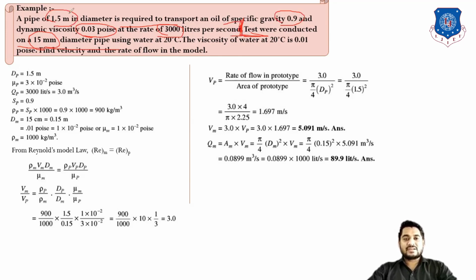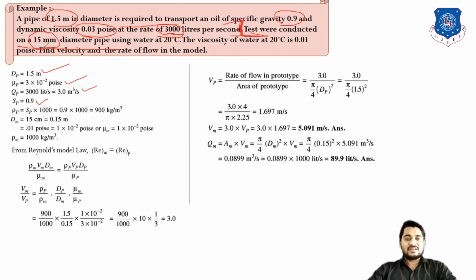So here we can write diameter of prototype 1.5 meter, specific gravity S of prototype 0.9, dynamic viscosity mu of prototype 3 into 10 raised to minus 2 poise, discharge of prototype 3 meter cube per second. Here they have given 3000 liter per second, and we will directly convert liter per second into meter cube per second, 3 meter cube per second.